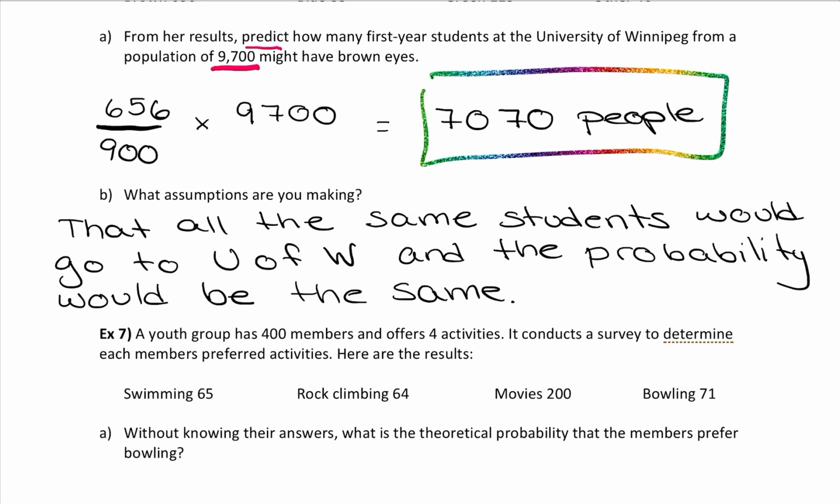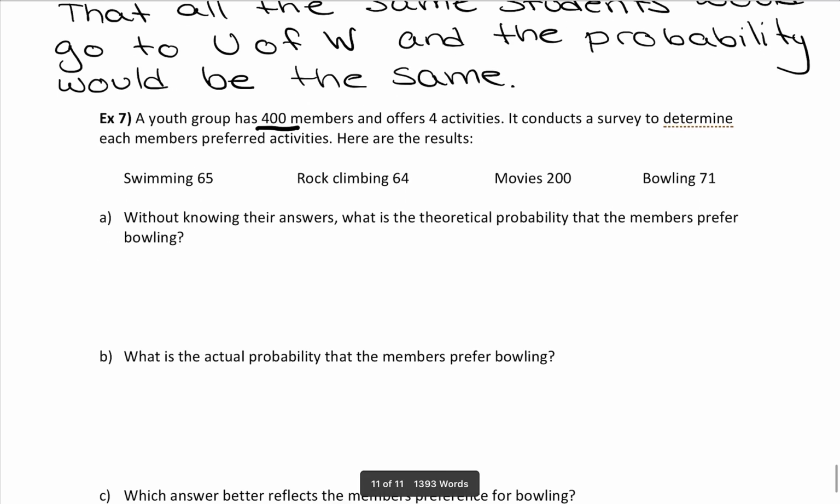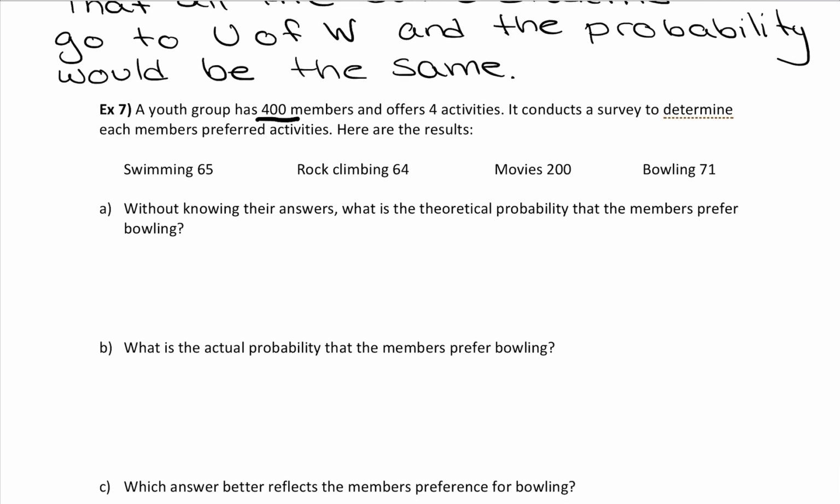Example 7. A youth group has 400 members, so this will be our total, and offers 4 activities. It conducts a survey to determine each member's preferred activities, and here are the results between swimming, rock climbing, movies, and bowling. Without knowing their answers, so ignoring the data that we have, what is the theoretical probability that they prefer bowling?